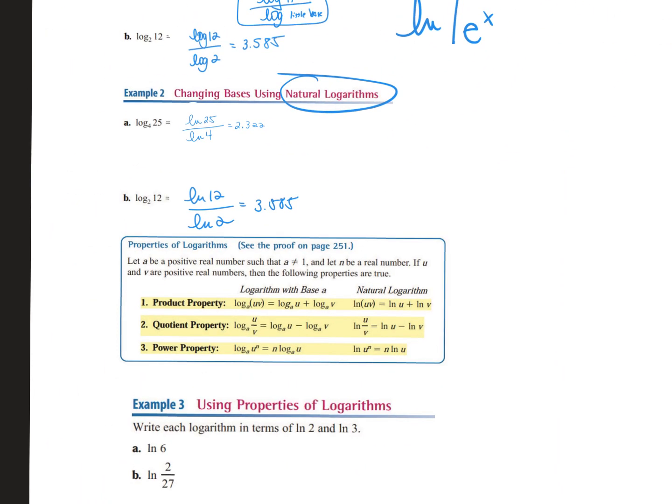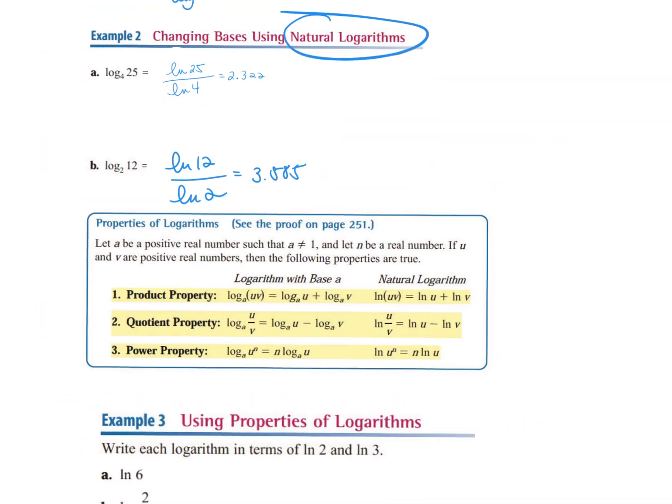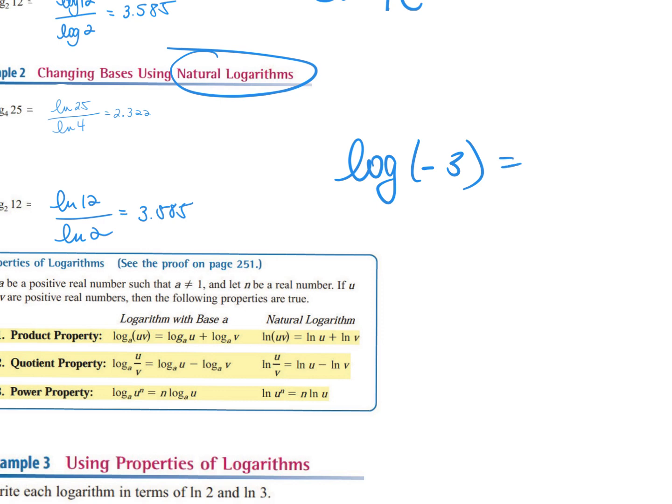All right, what we're going to talk about today is condensing. Actually, no, I want to do something else. In your calculators, everybody, what is log of negative 3? Use the negative button, not the subtraction. It says error.